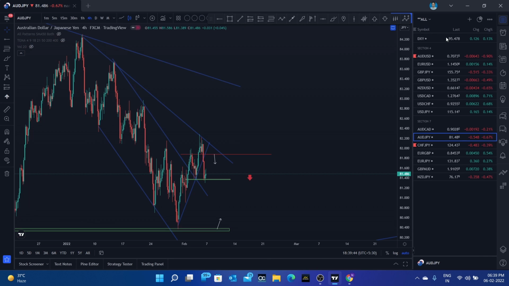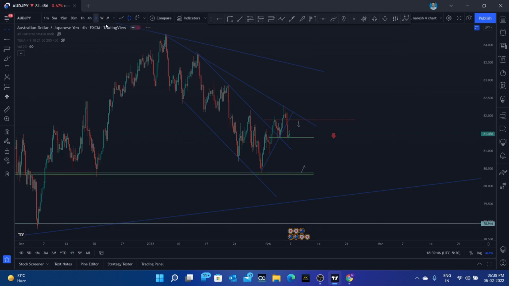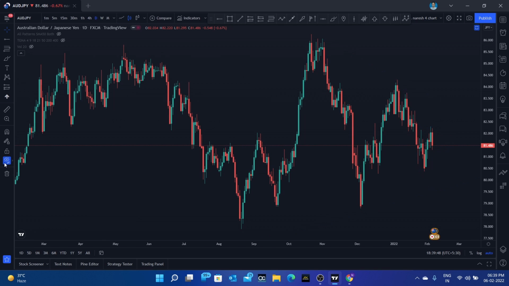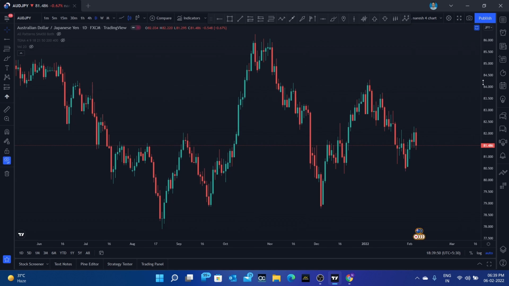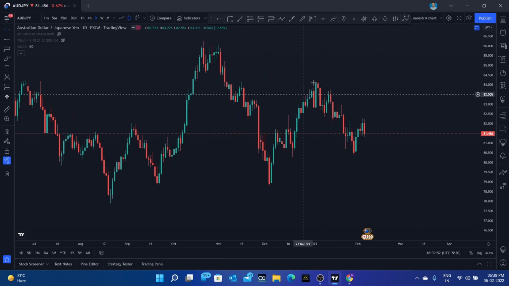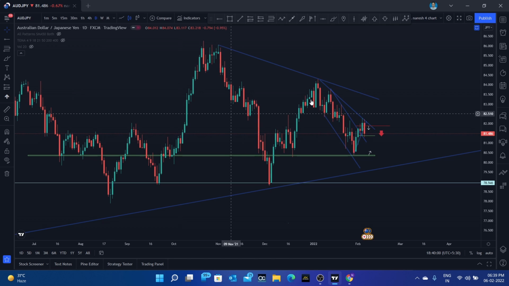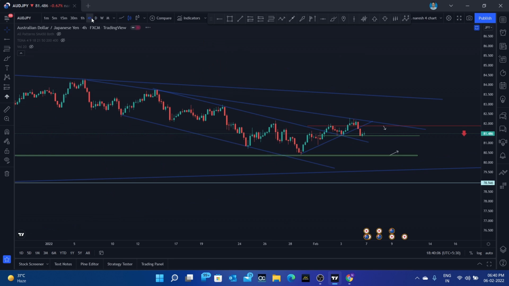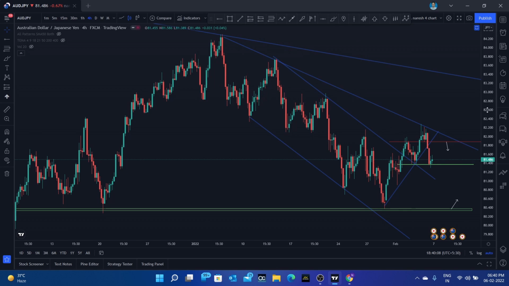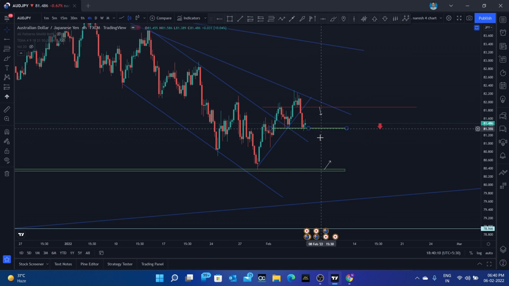Let's go for AUDJPY as well. What we can see in the 1 day time frame is that we are bearish in AUDJPY, and we can see what is happening here, and we can draw the channel pattern using these zones and this as well. In the 4 hour time frame, we are bearish as well, guys.